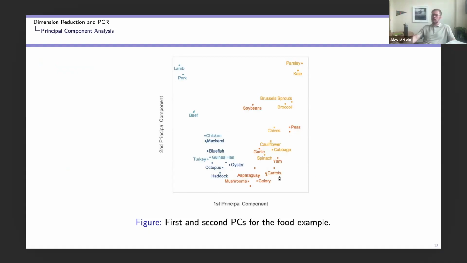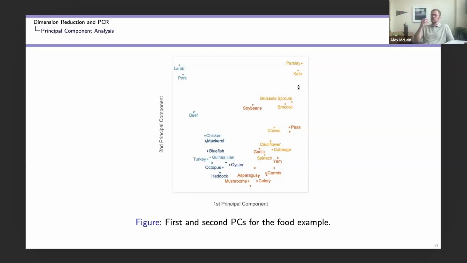The first PCA, as we said, clearly separates things into meat and fish on the negative side for PCA1, while fruits and vegetables are positive for PCA1. Actually, it doesn't look like we have many fruits on here. It looks more like vegetables and legumes.